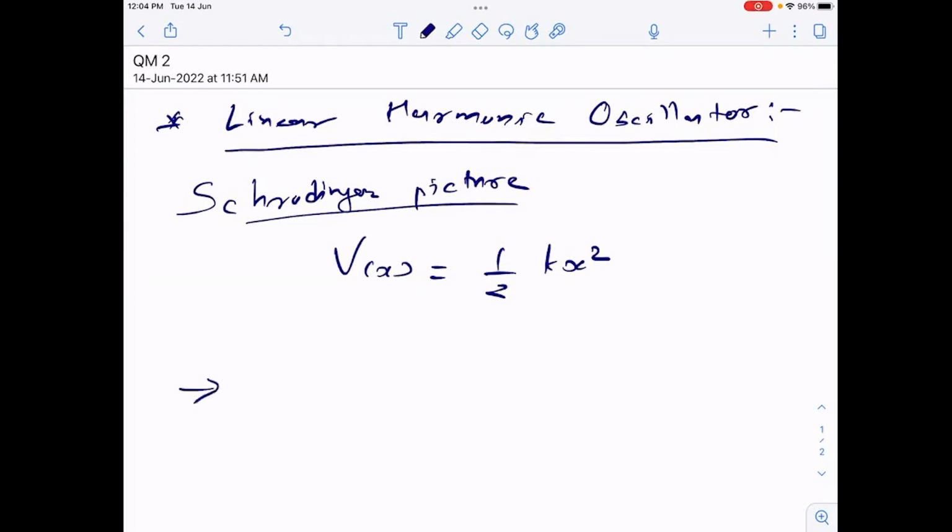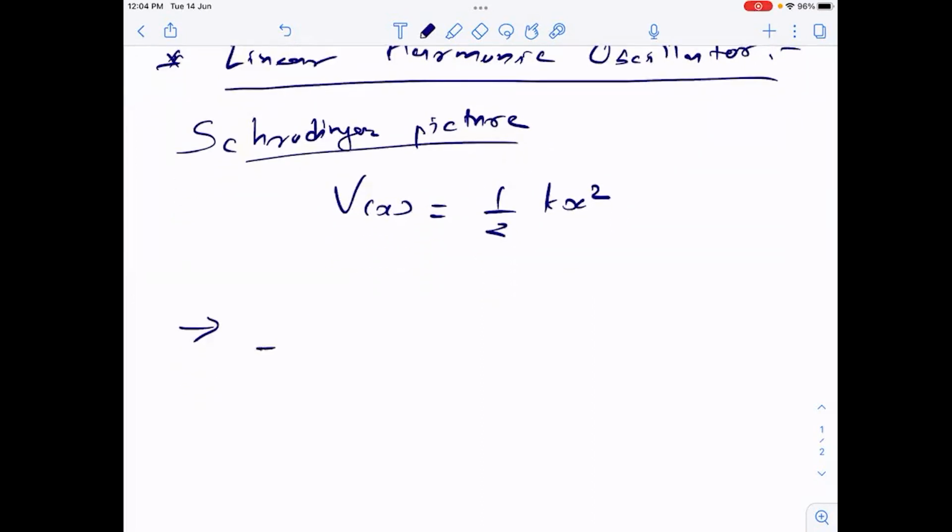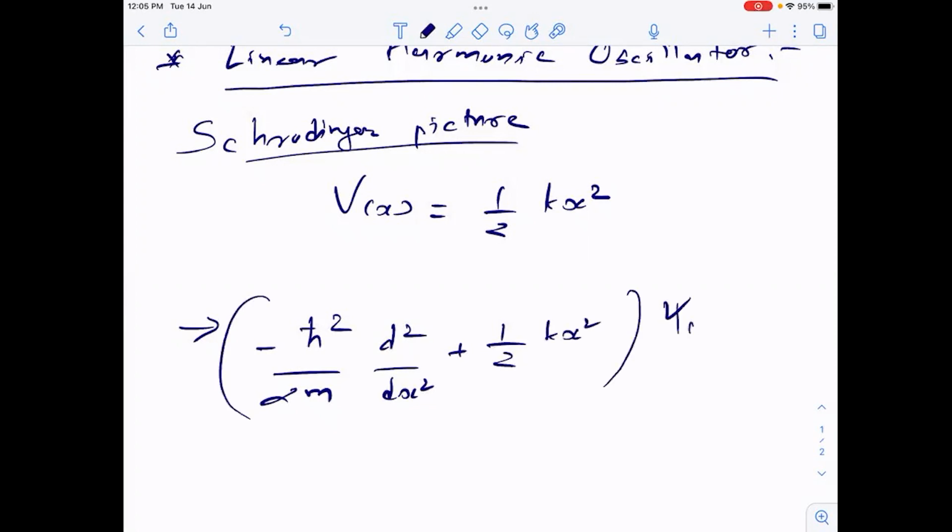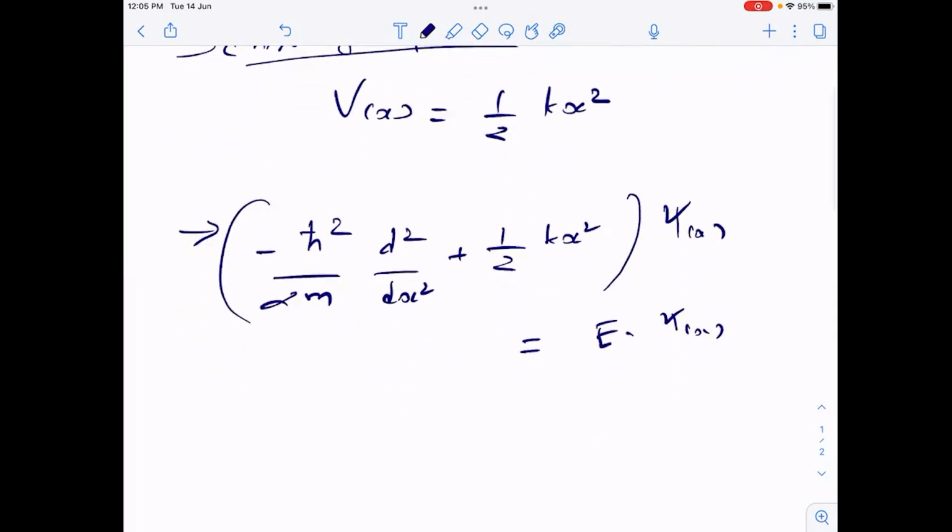Yes, so if we write the Schrodinger equation, it will be minus h cut square upon 2m d square by dx square plus half kx square operating on psi of x, which is going to give us E psi of x. Okay, we get rid of this minus h cut square by 2m to have a second order ordinary linear differential equation.